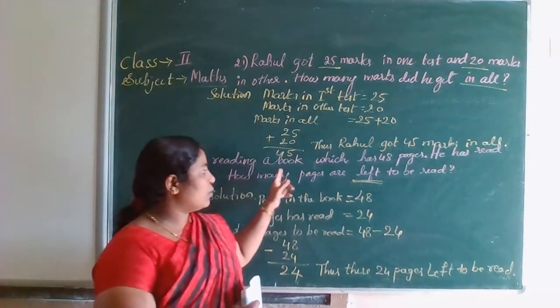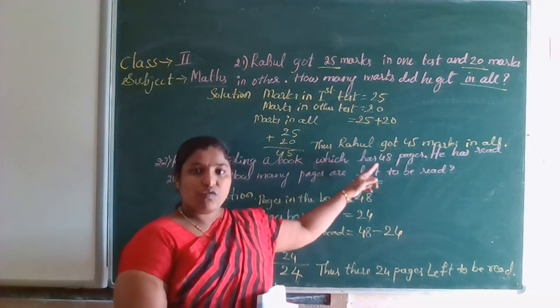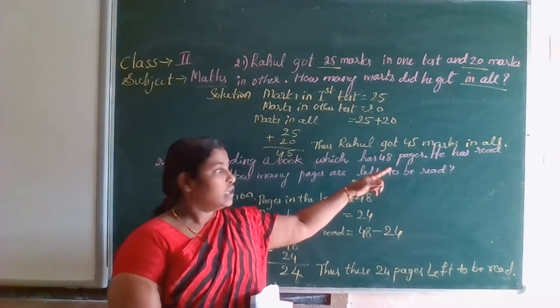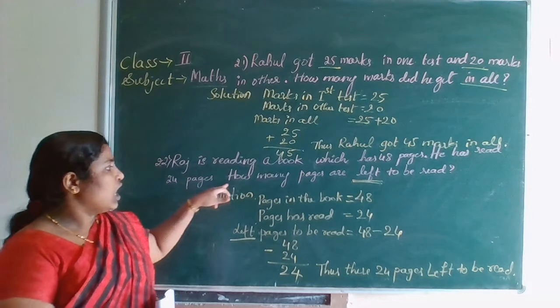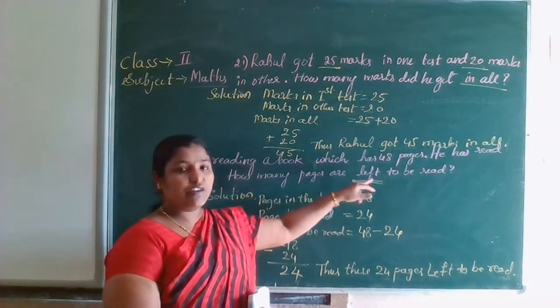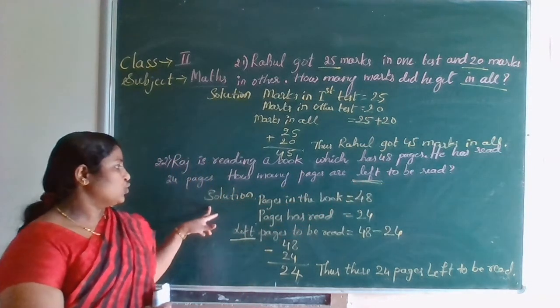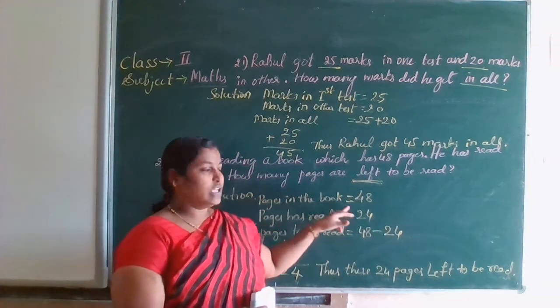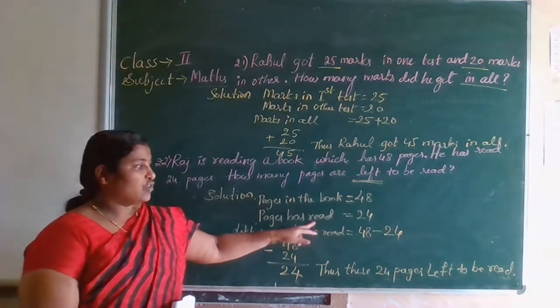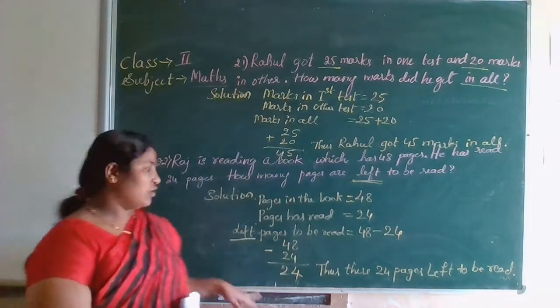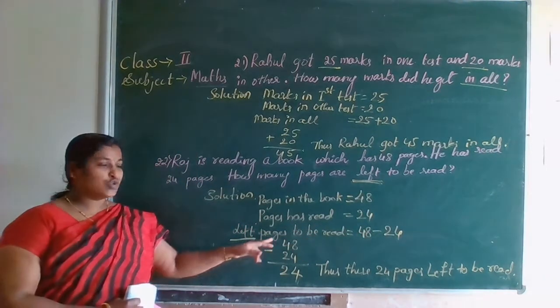Raj is reading a book which has 48 pages. He has read 24 pages. How many pages are left to be read? Solution. Pages in the book is equal to 48. Pages he has read, 24. Left pages to be read.